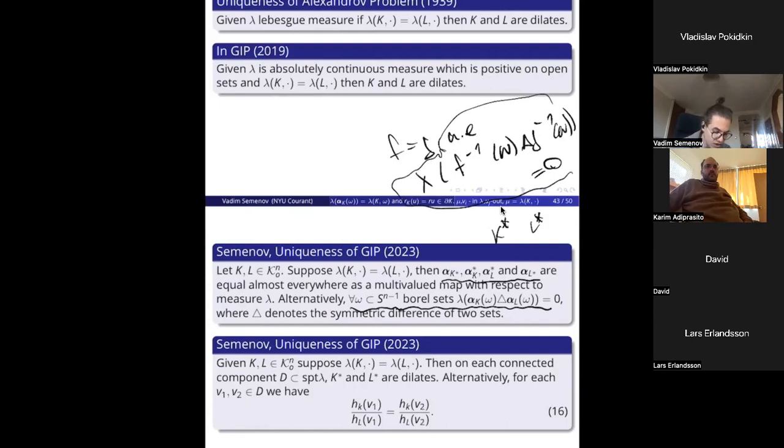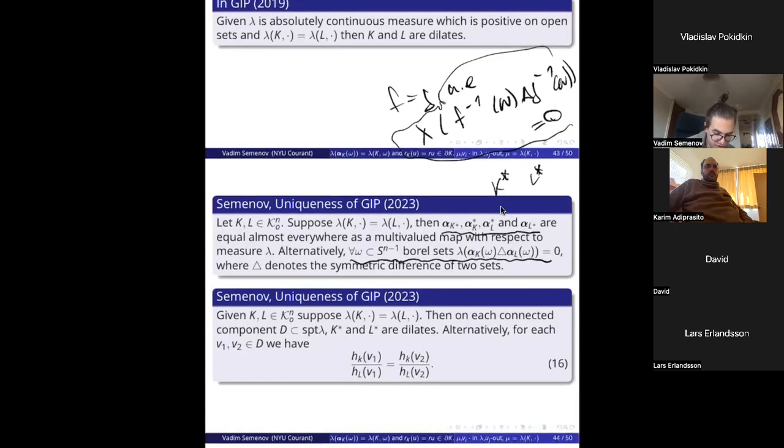And then another result I obtained is that if you don't have any kind of assumptions, you just work with the Gauss image problem, you don't have any assumptions on lambda, then on each connected component of the support of lambda, your bodies are dilates, which is precisely what you want.